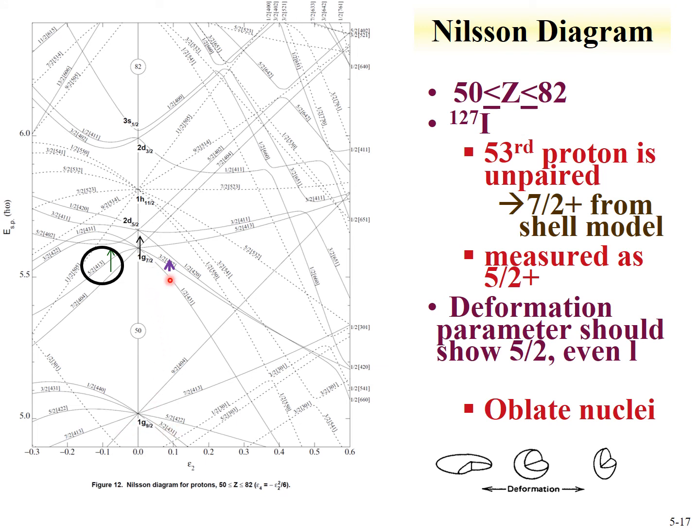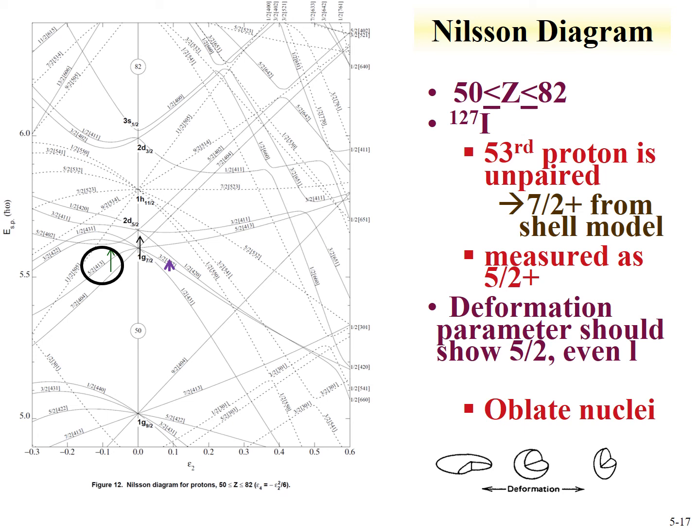51, 52, 53 here. We actually see that for the oblate nuclei, it would be in this 5/2 shell. 50 would be here. 51, 52 would be in the 7/2. 53 would be in the 5/2 shell. We see that the spin and parity of iodine 127 is 5/2 plus.